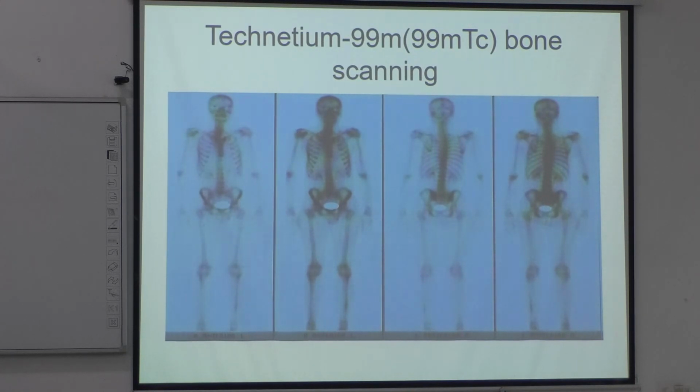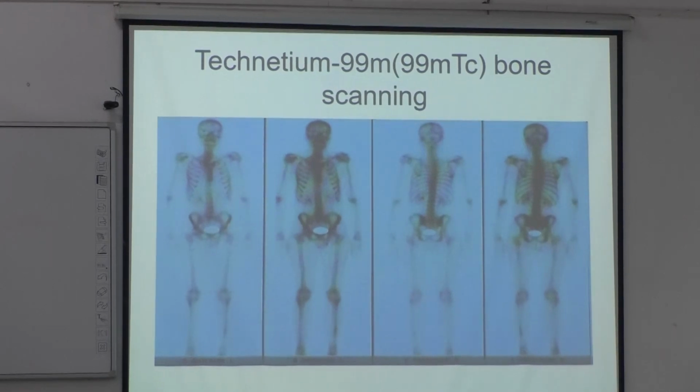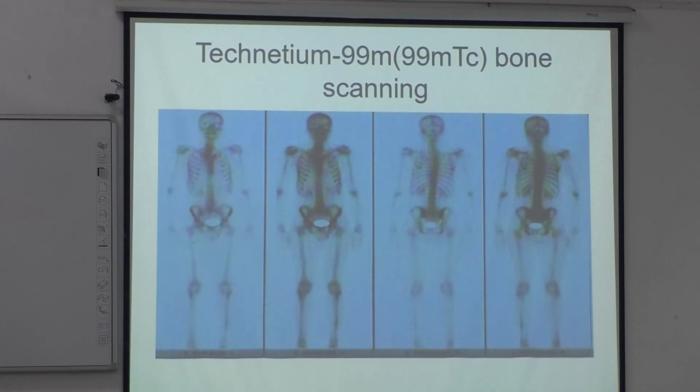The other way is bone scanning. Bone scanning is done to understand the bone density throughout the body and any bone deformity. It is done not with calcium but with an artificially made radioactive element called technetium 99m.